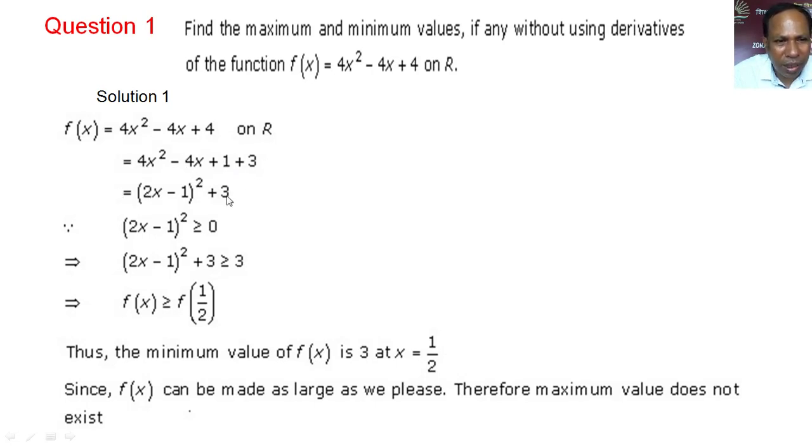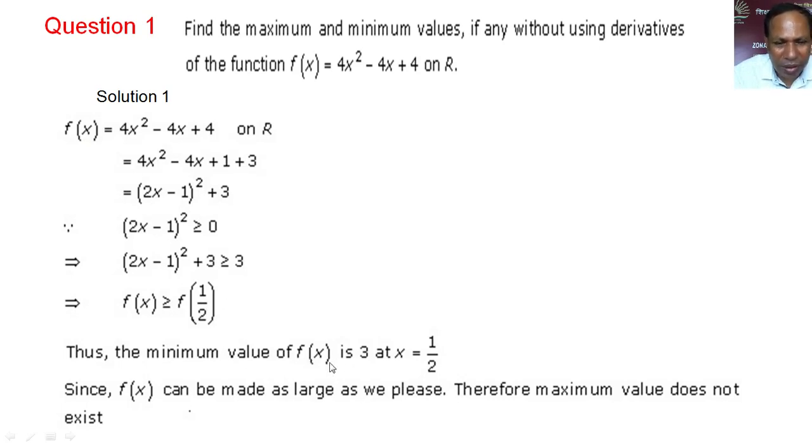Now plus 3 remains as it is. And as you know, this (2x minus 1)² is a perfect square, so it is always greater than or equal to 0, so that we can say f(x) is always greater than or equal to 0 plus 3. That means it is greater than or equal to 3.